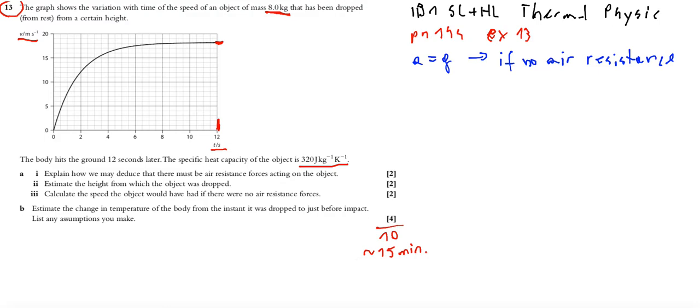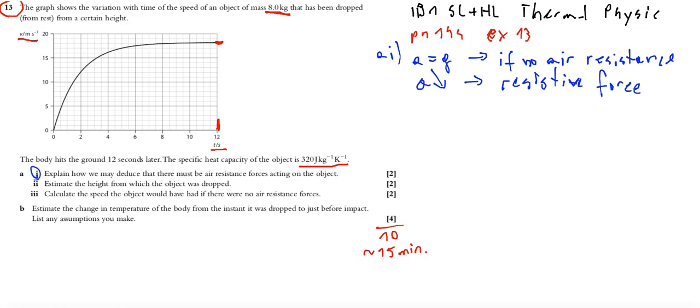The acceleration, which is the gradient of this curve, decreases in time, and the decrease in acceleration means that there must be a resistive force. This is the answer for the first question. You have to refer to the gradient, which is acceleration, and the existence of a resistive force.